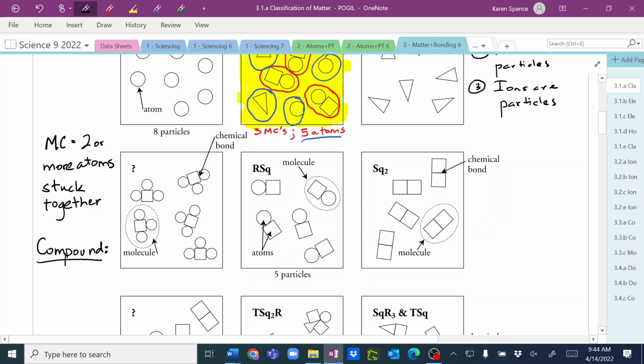So let's see what we've got that's a compound here. Is this one a compound? No. Okay. Is this one a compound? Yeah.